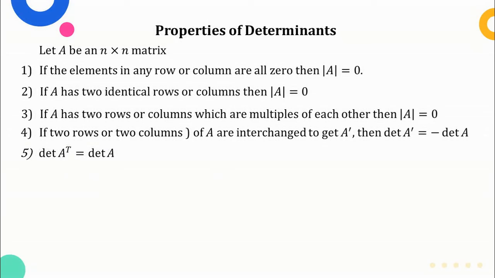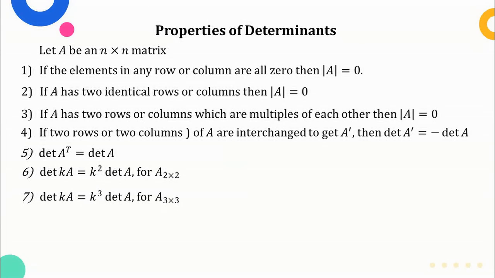Maybe you will be confused about number 4. Let me explain later when I am in the class. Like I said before, determinant A power T is equal with determinant A. You can see already with the previous example, right? The number 6, determinant kA, that means K squared times the determinant A, if their dimension is 2 by 2. How about if you find the determinant 3 by 3?